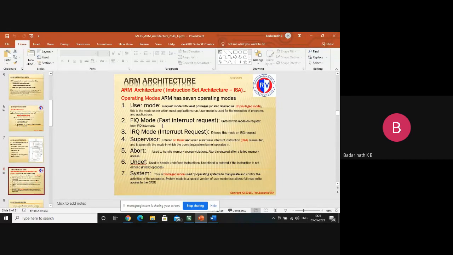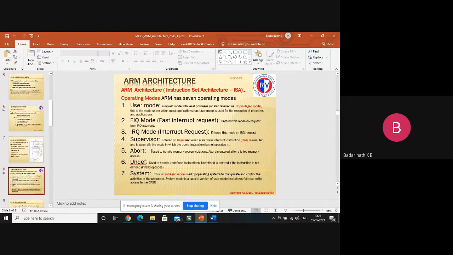We divided all those peripherals into 2 types: the devices which require the faster request and the devices which require the normal request. Based on that, the ARM core enters the FIQ mode and the IRQ mode.